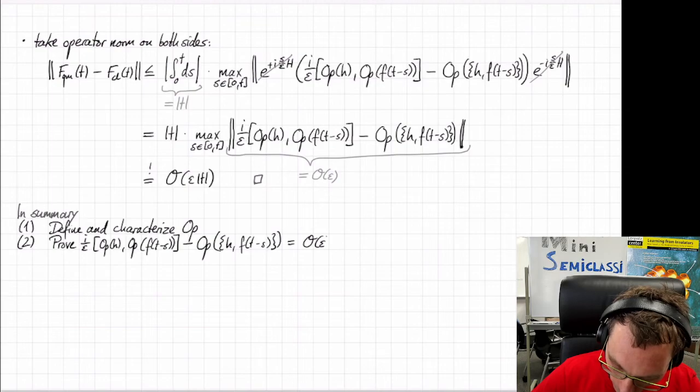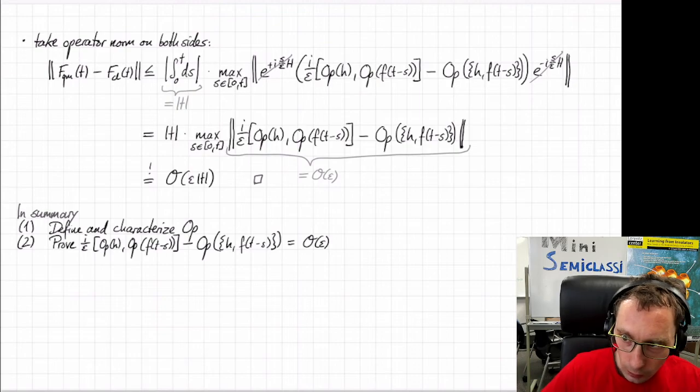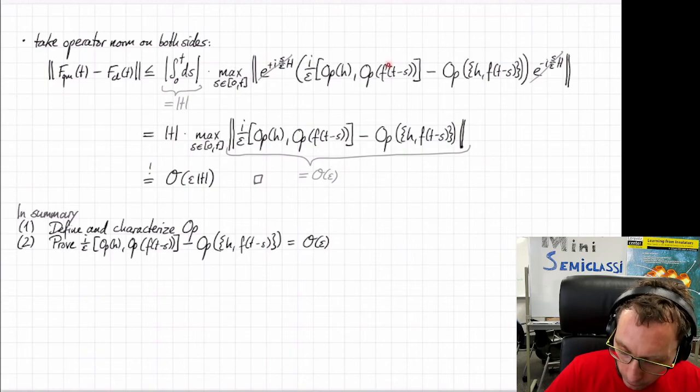And of course, implied in all of this is that we need to cross our t's and dot all the i's. For example, that even when op applied to f at time 0 makes perfect sense, we have to make sure that the time evolved classical observable is still quantizable, and so forth.